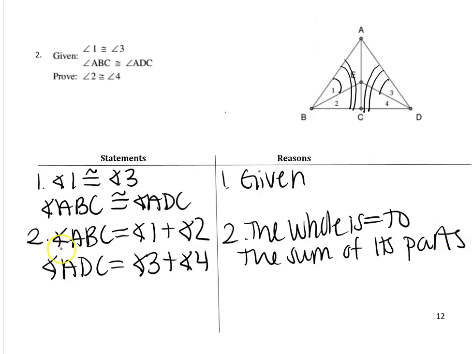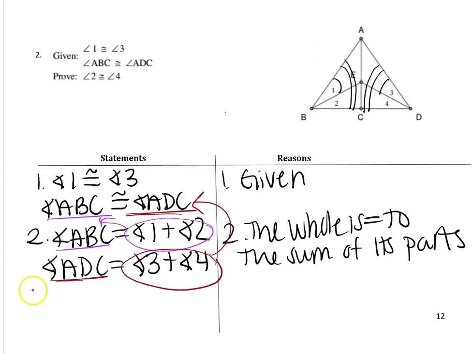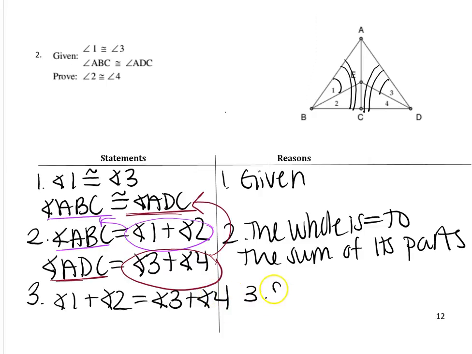All right, here's ABC, here's ABC. So I'm going to take 1 plus 2 and plug it in for ABC. ADC, ADC. So I'm going to take 3 plus 4 and plug it in for ADC. So at my next line, and that's just substitution.